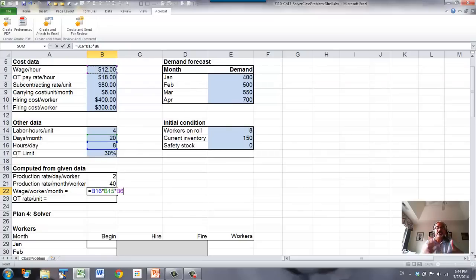You can't simply calculate the numbers and enter the numbers. You have to set it up as formulas. Overtime rate per unit, so that is your cost. Overtime cost per unit. So again, you have 4 hours of labor multiplied by the overtime wage rate. So these are the factors that we need.